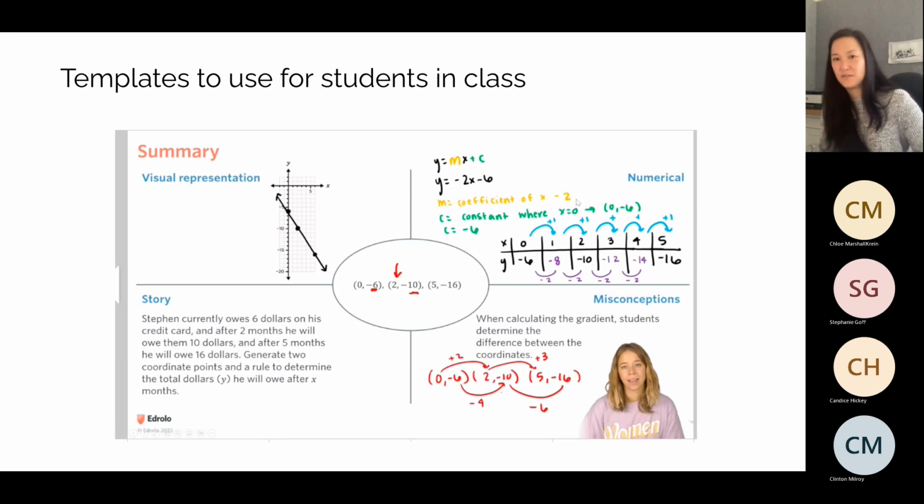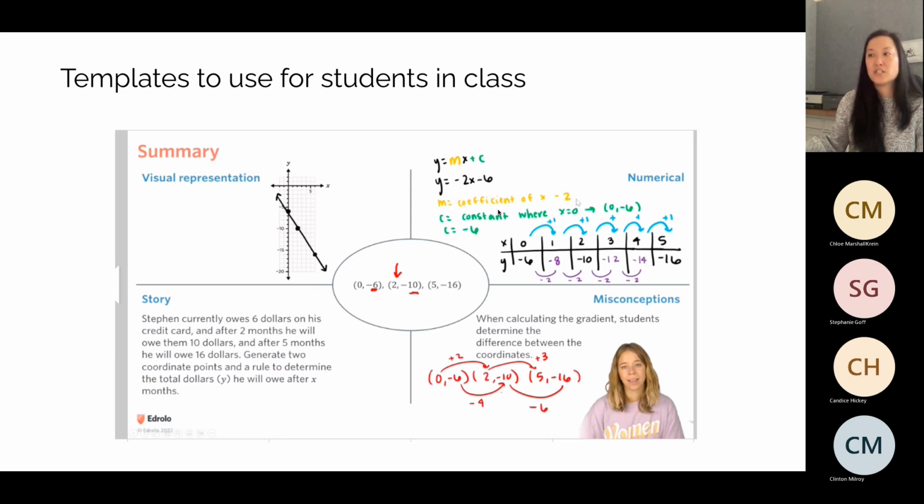Here's an example. This is actually from one of our online resources. We have teacher videos, and we use that. This is another example of the Frayer method, but for math. As you see here, we're talking about coordinates, and we use a story to illustrate how these coordinates could be in a worded problem. We show how they are visually represented, and also numerically, how would you find gradient?